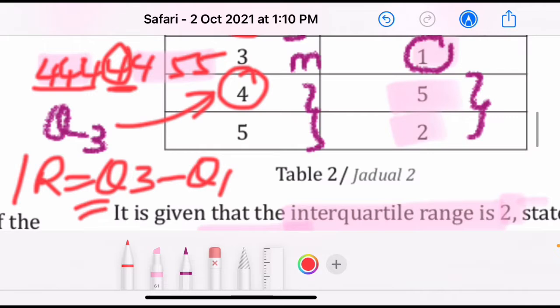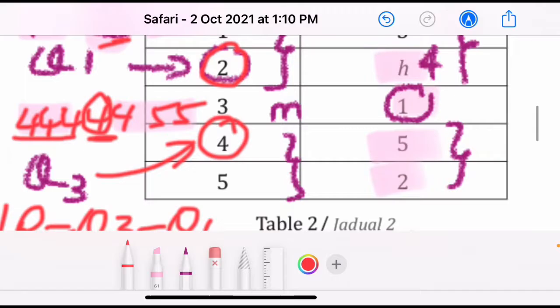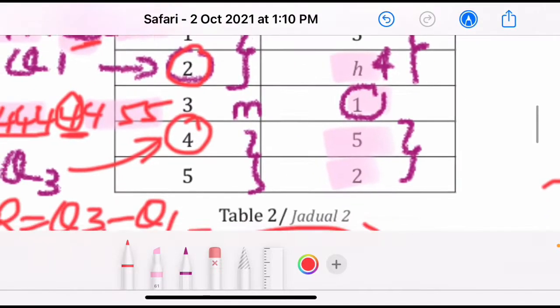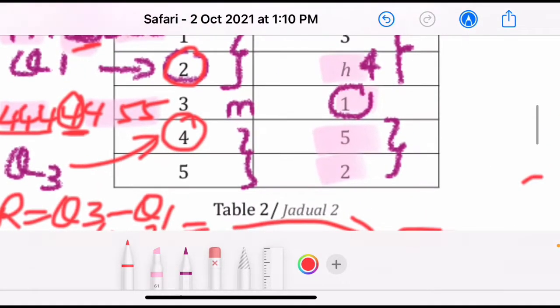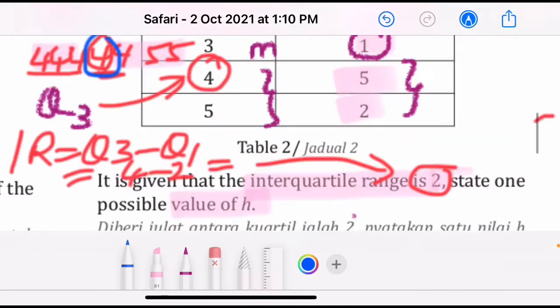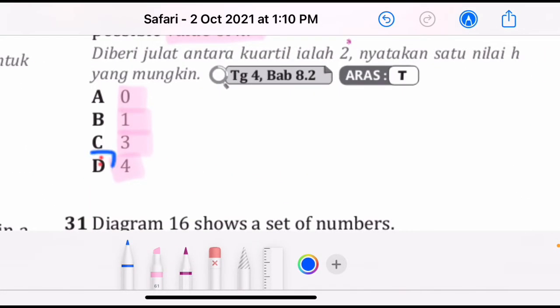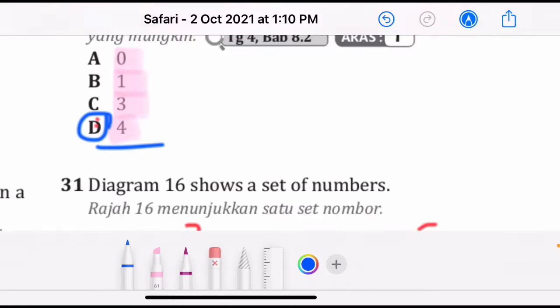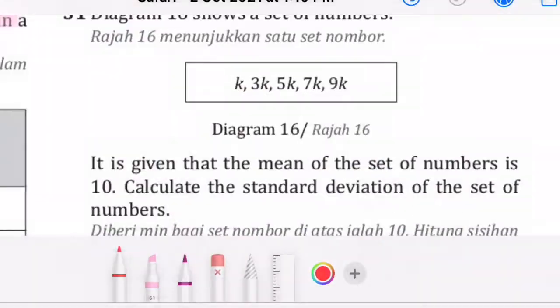When H is equal to 4, you will get an interquartile range of 2. Let's proceed to this one.